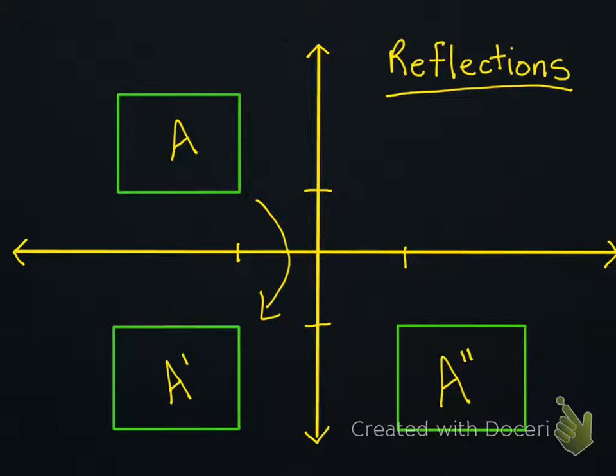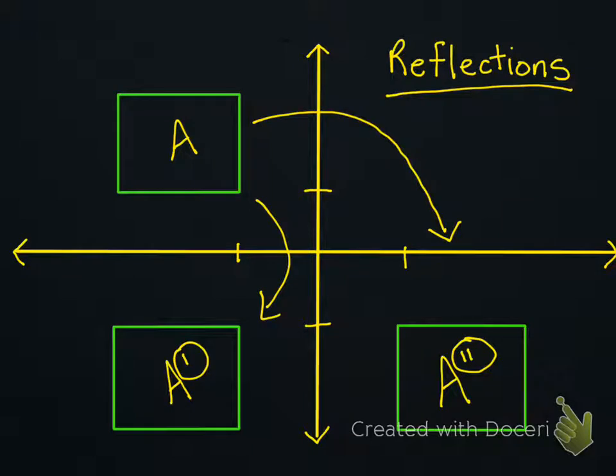These are just easy ways to acknowledge the figure and also how many transformations have been done. To go from the original A all the way to A double prime, it was two transformations, right? We flipped over the X, then we flipped over the Y. So that's what the little prime means: one transformation, double prime, two transformations.